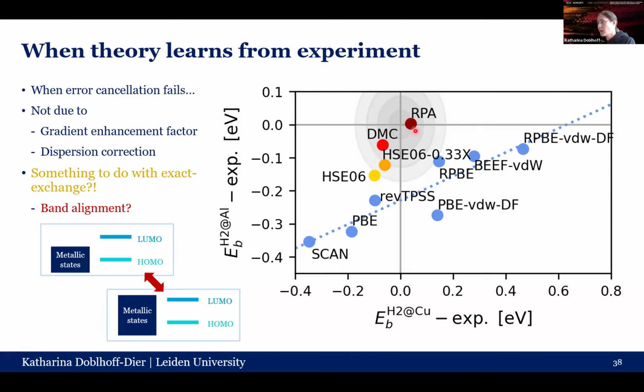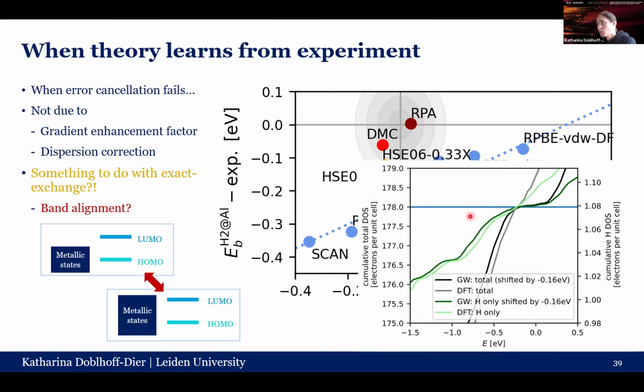But we can also use these RPA calculations, or then the GW calculations, to look at whether band alignment is an issue. And based on these results, I actually don't think that it's really a band alignment issue.